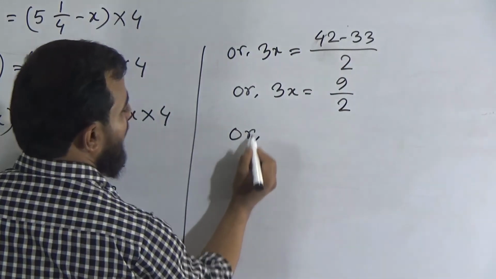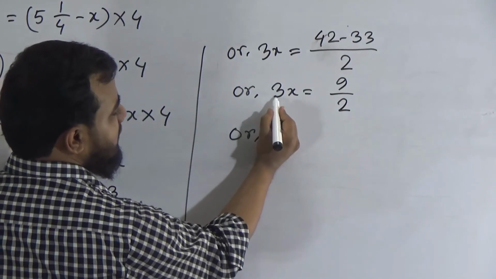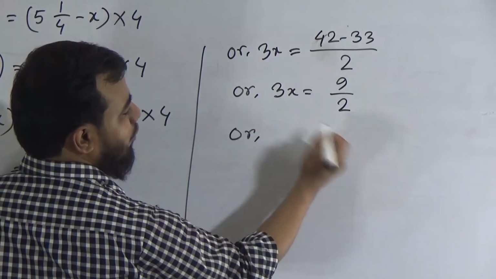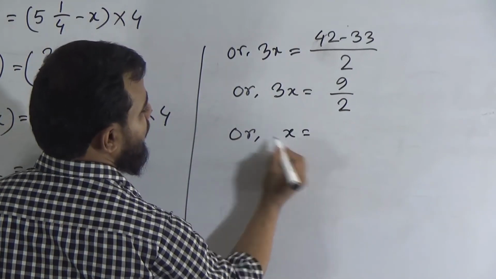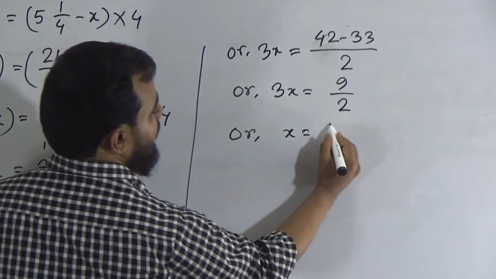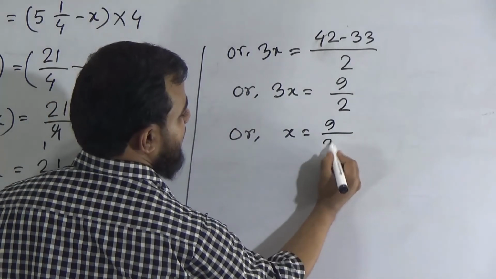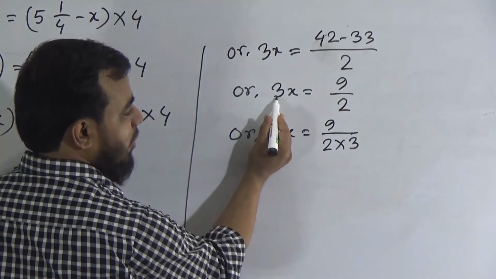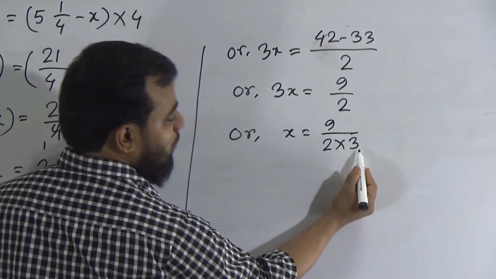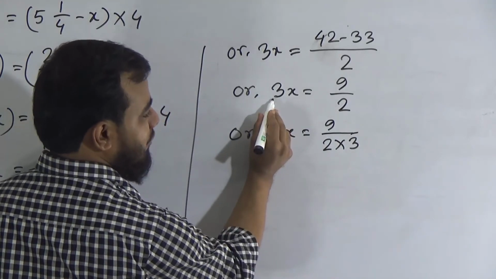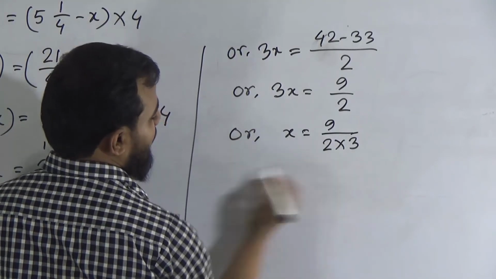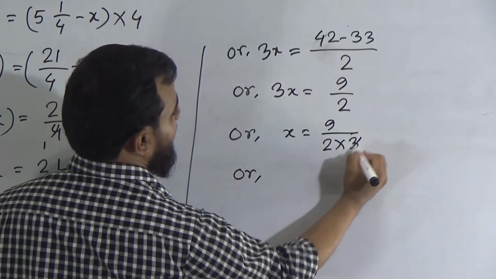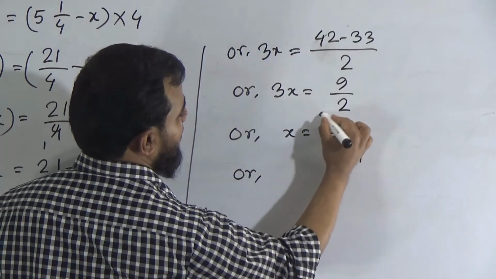Now we need only the value of x, so this 3 is to be moved to the right side. That means x equals, this 3 is multiplied with x. When we transfer it to the right side, it will be divided. That means what is the numerator on the left side will be the denominator on the right side. Now 3 cut down, 3 ones are 3, 3 threes are 9.